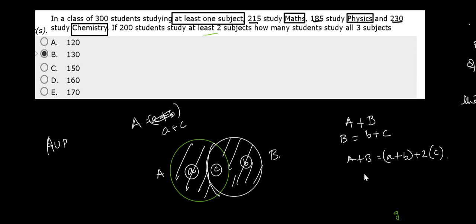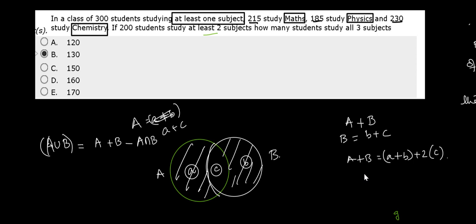Or in other words, A union B means everything under the circles. This is A plus B minus A intersection B, which is the common one. Clear? Everyone understood this? So if I do it for three circles, the logic will be the same.